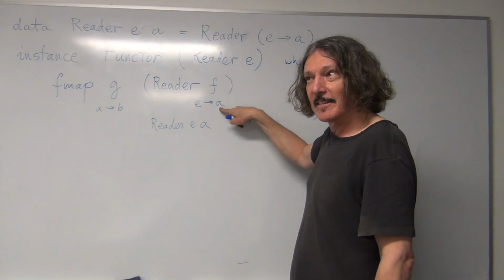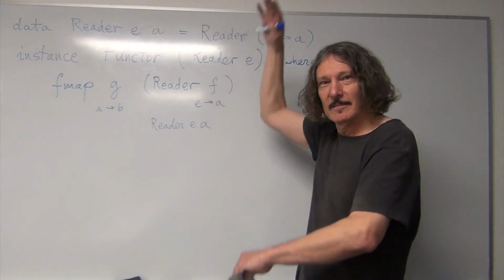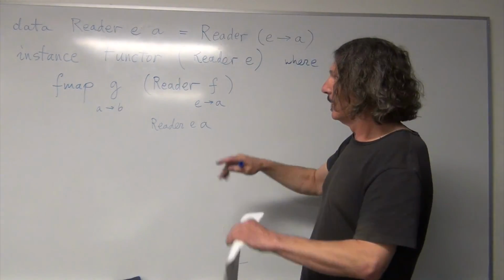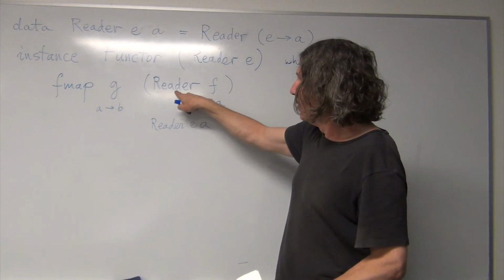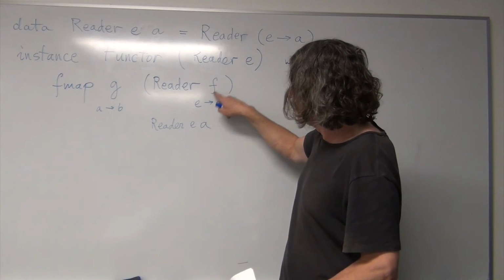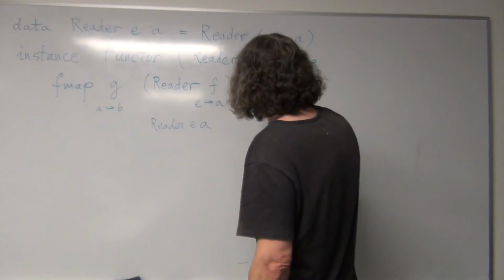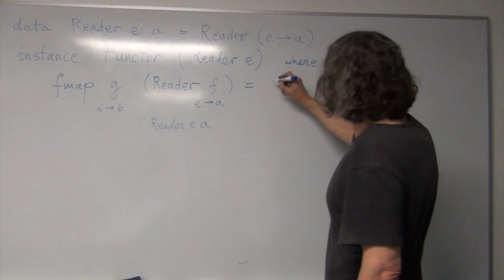Data constructor contains a function f that goes from E to A. Yeah? It's like several levels that you have to go through. But this is reader of E A, and it contains inside a function f that's from E to A. Right? And what should it return? Okay, it should return some kind of reader.